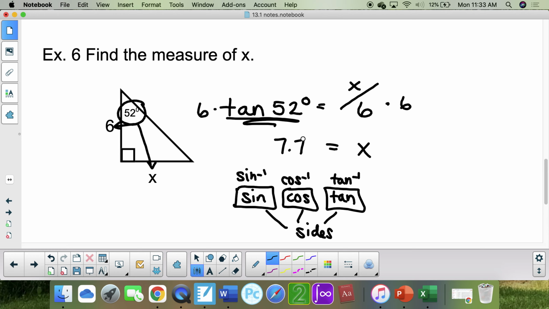And those help you come up with your angle. Everybody see the difference? The main buttons help you find the sides, and the ones up above, the sine inverse, cosine inverse, and tangent inverse, help you get the angle.